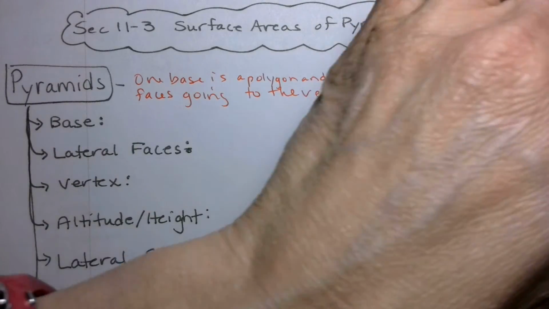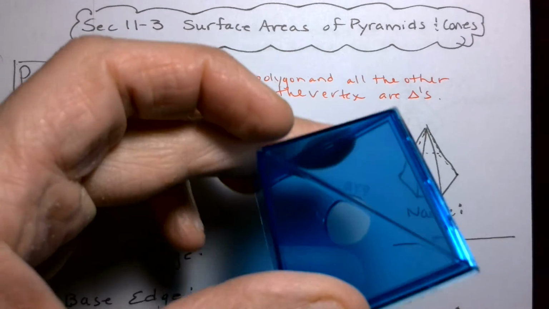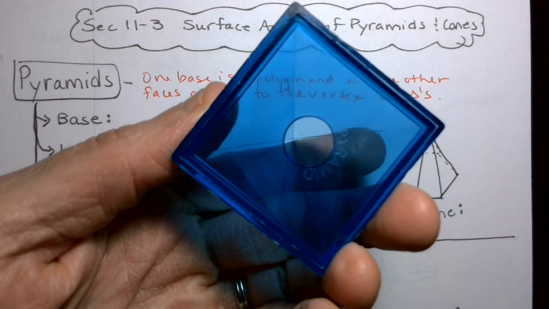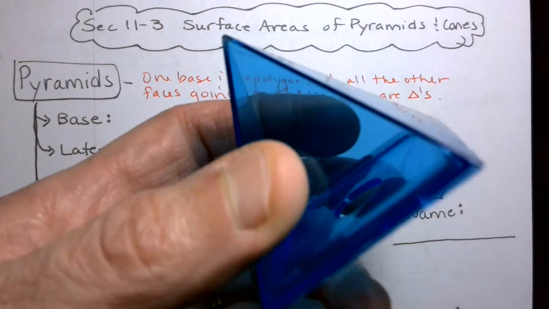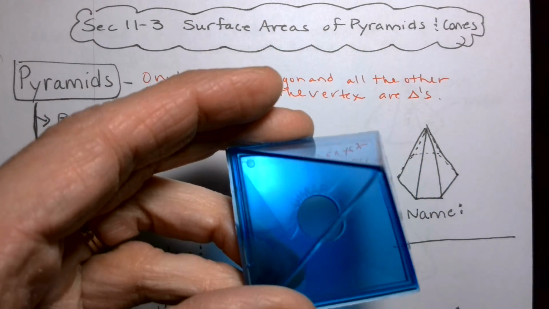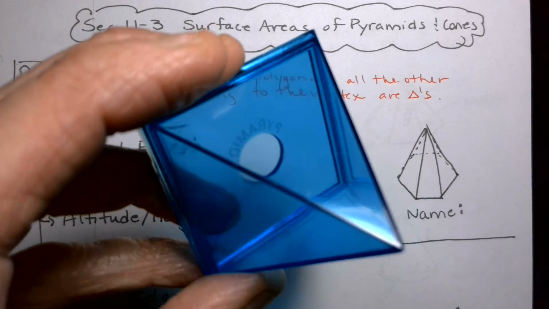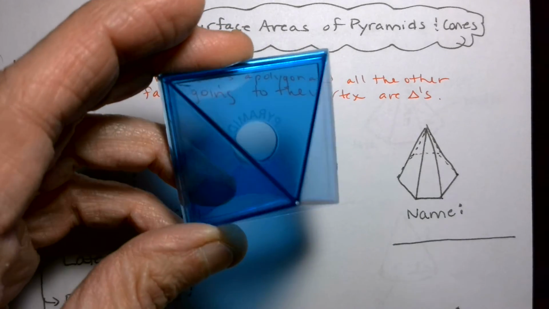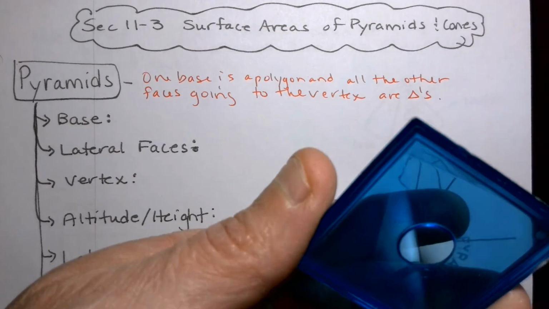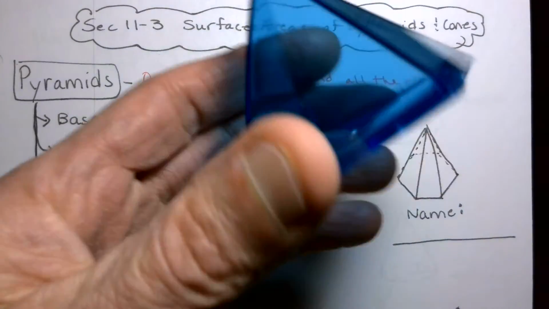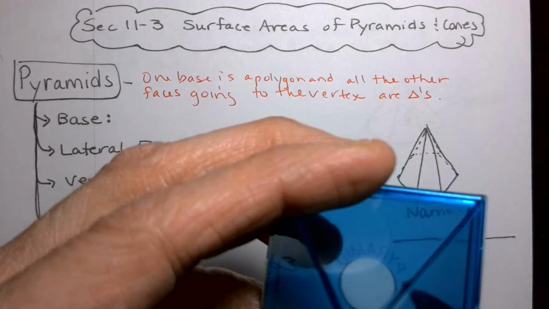Okay, so when we look at this one, the bottom is a square. But all of the ones going up to this vertex point, those are all triangles. The name of this one is a square pyramid because you go by the base.